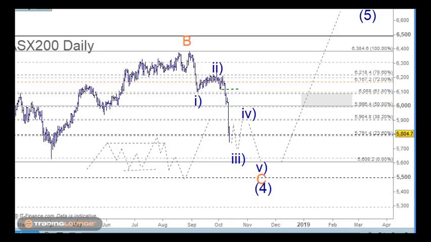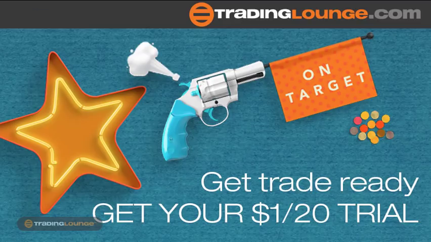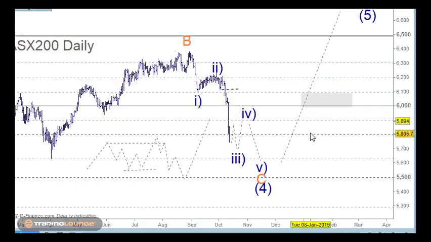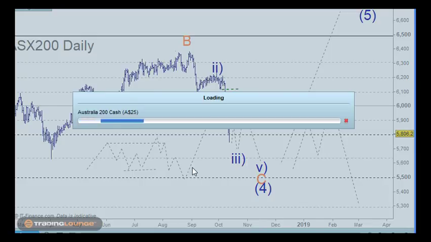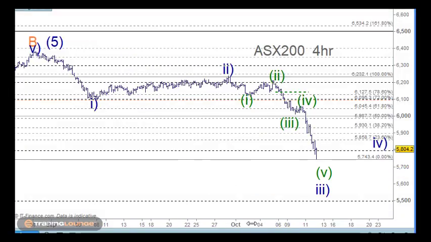So we could experience a move as an A and a B and a C here, and then down from here. So this is where we'll need to be careful and try and figure this out from here. Yeah, so the 4-hour chart's going to give us a little bit more detail here.